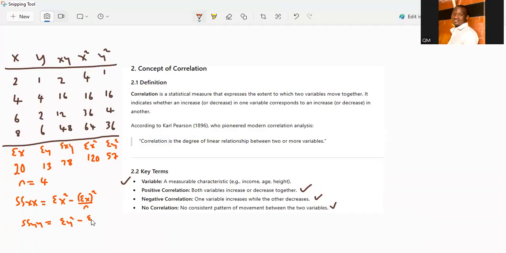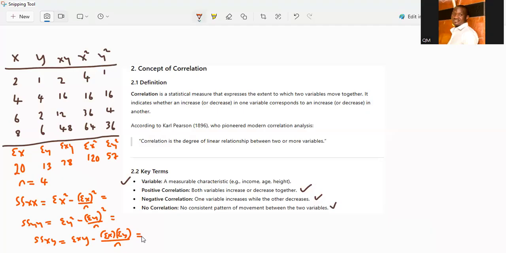Then find the summation of xy, which is the summation of xy minus the summation of x times the summation of y over n.